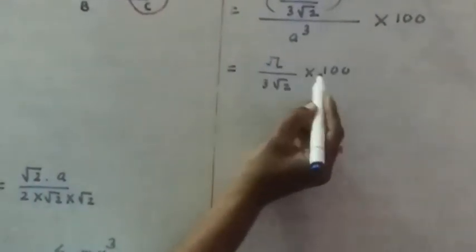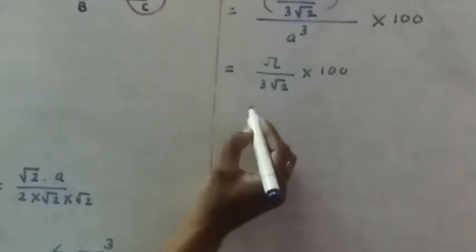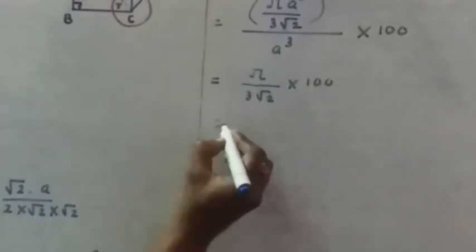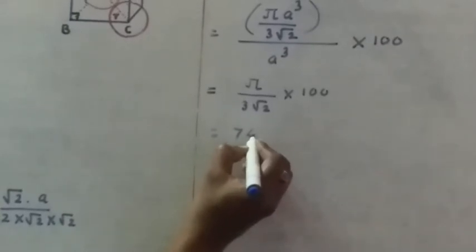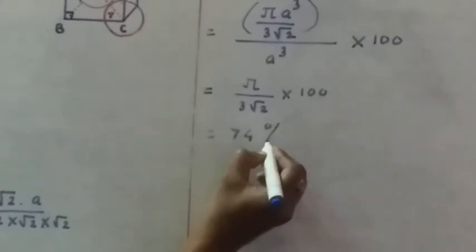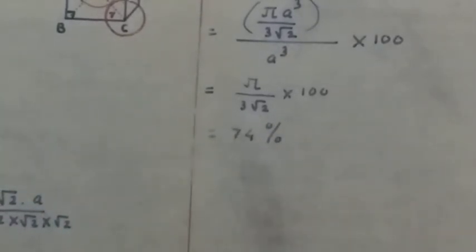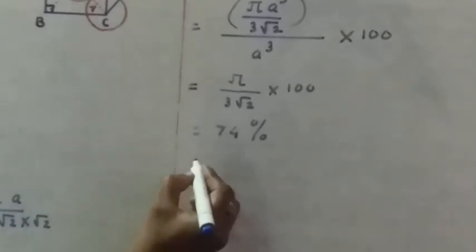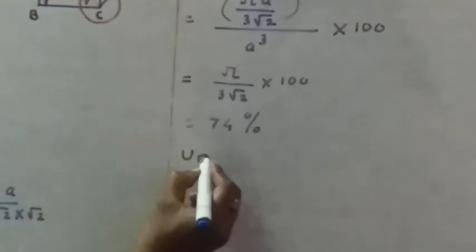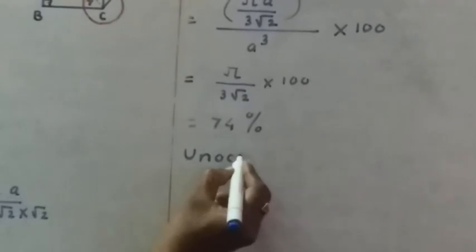So pi into 100 upon 3 root 2 is equal to 74 point something, so it is approximately 74%.